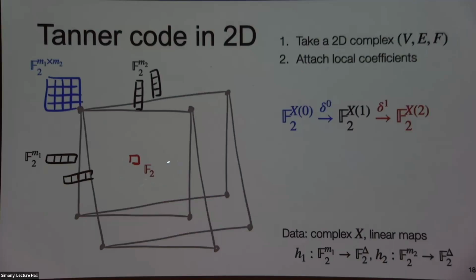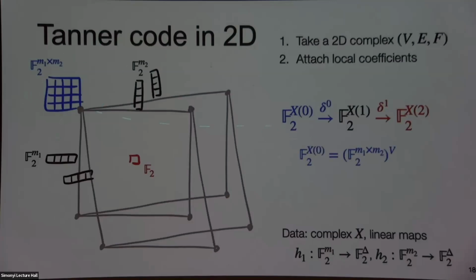For the face, we again just put an F2, but for the edge, similar to the check we just saw previously, we put something more into it. In this case it's a vector: we'll put a vector for each edge.